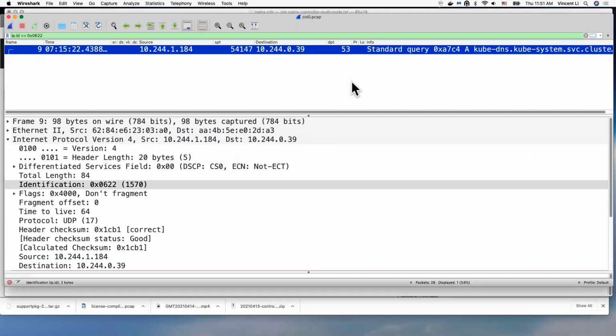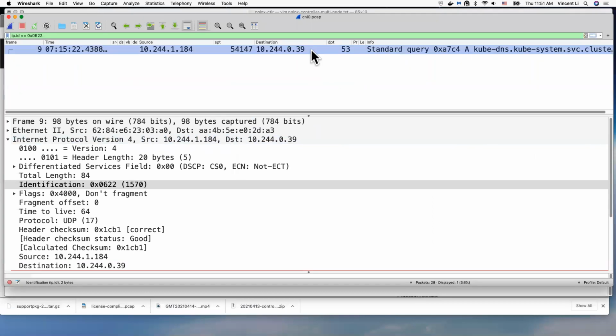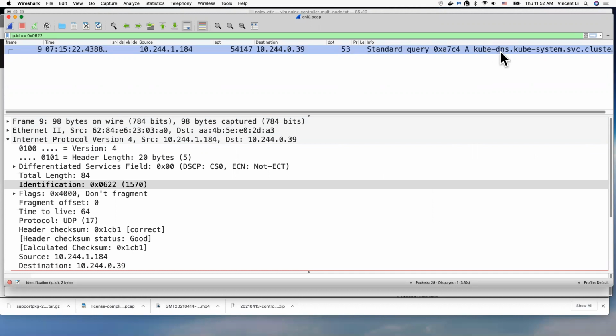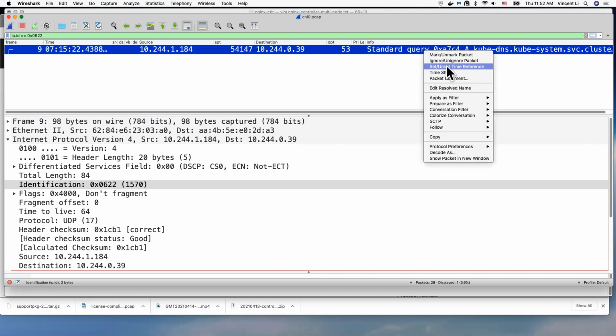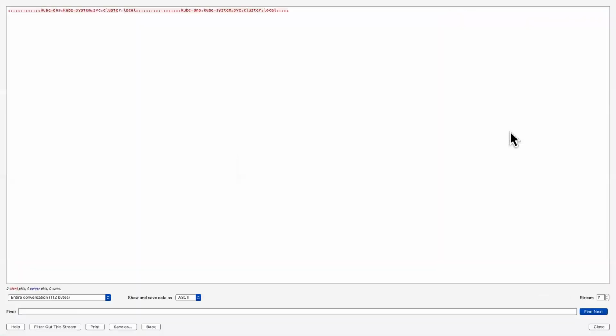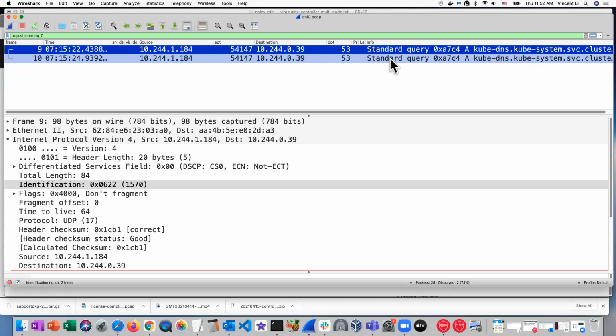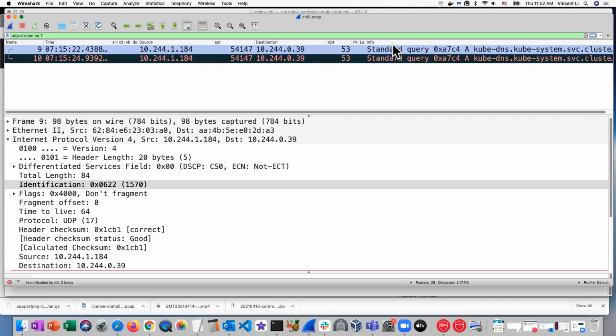In the capture, so this is the capture on the CNI0 bridge, and we send the DNS query for kube-dns to resolve this resolver address, and you can follow the UDP stream. There are two queries, but we did not receive a DNS response for kube-dns.kube-system, right?